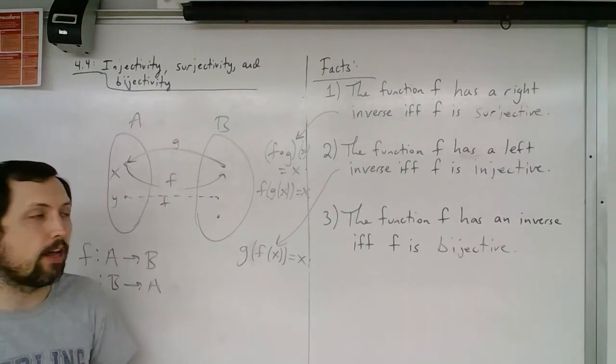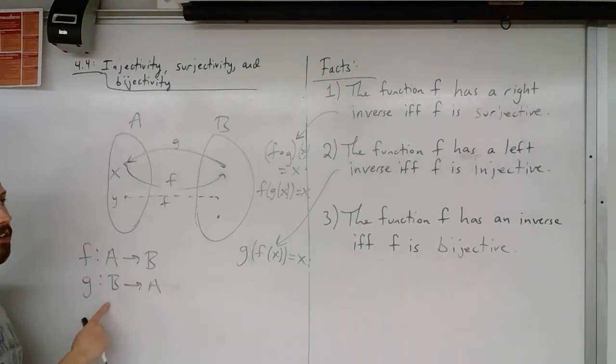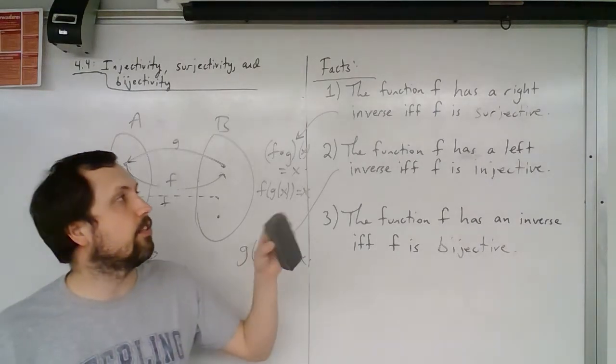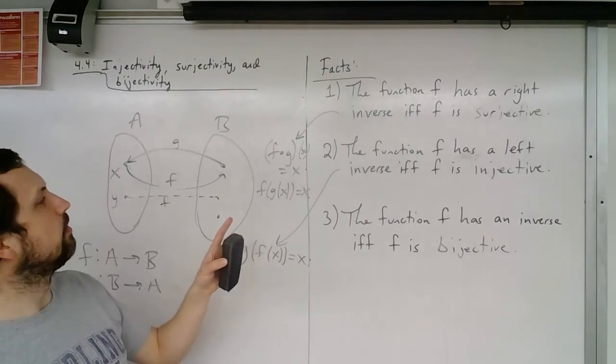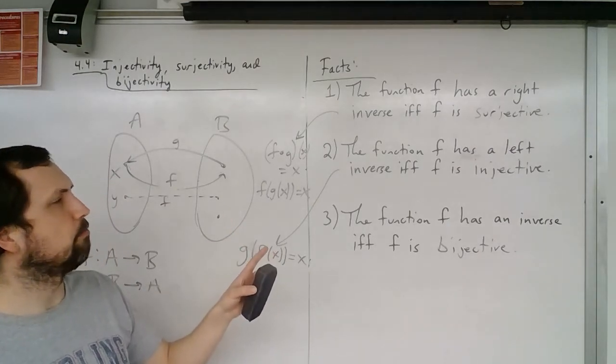So this is no longer a well-defined function for G. So that's where this left inverse fails when F is not surjective. You get the gist, I think.